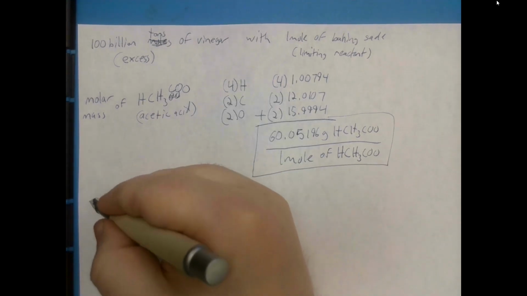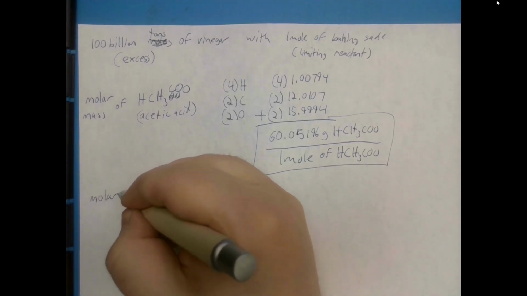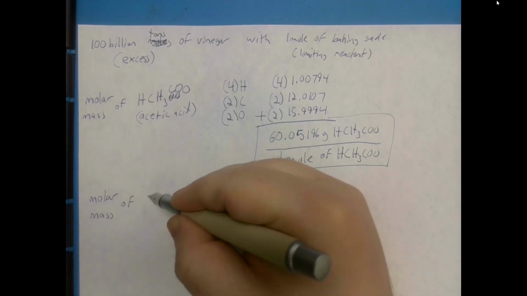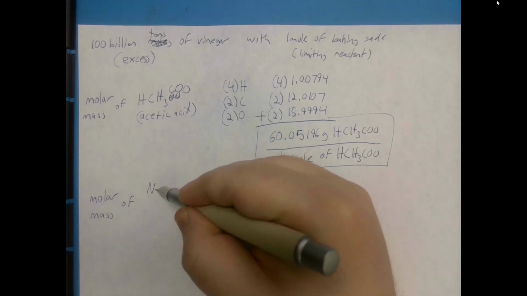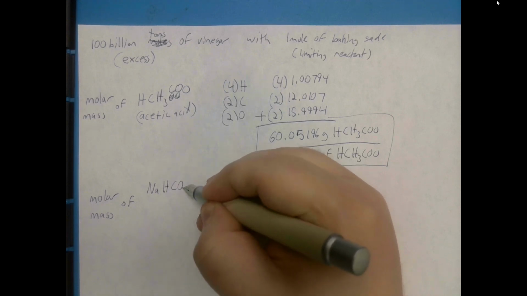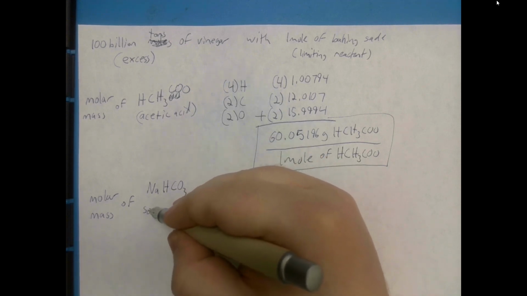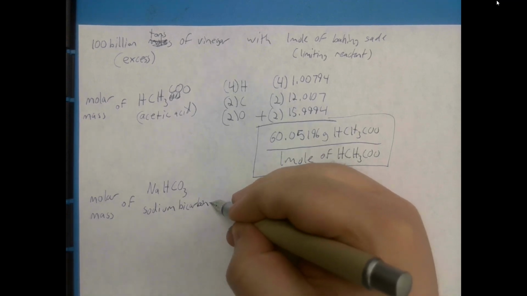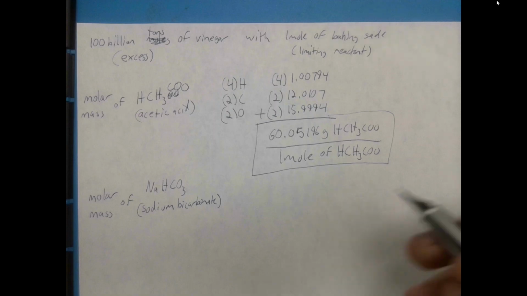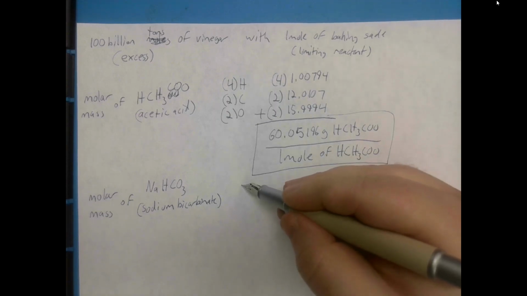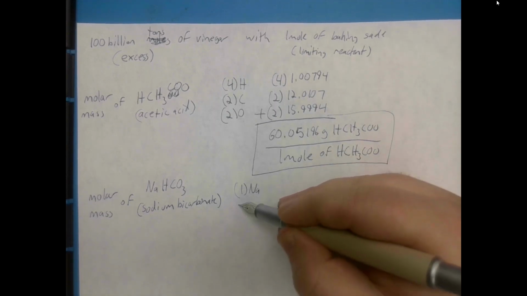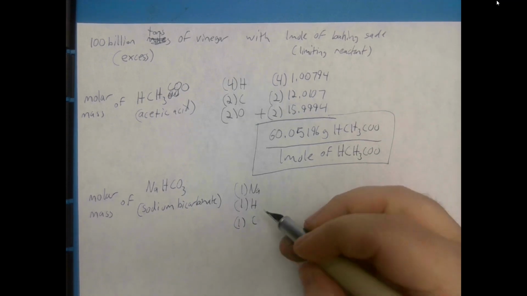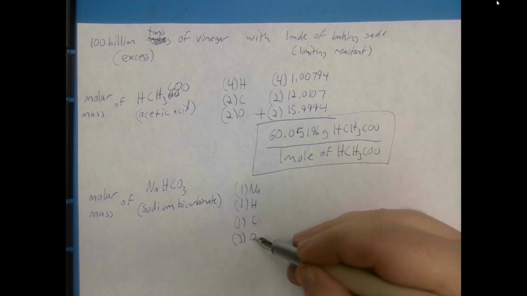Let's do the molar mass of baking soda, which is sodium bicarbonate. So that would be 1 sodium, 1 hydrogen, 1 carbon, and 3 oxygen.